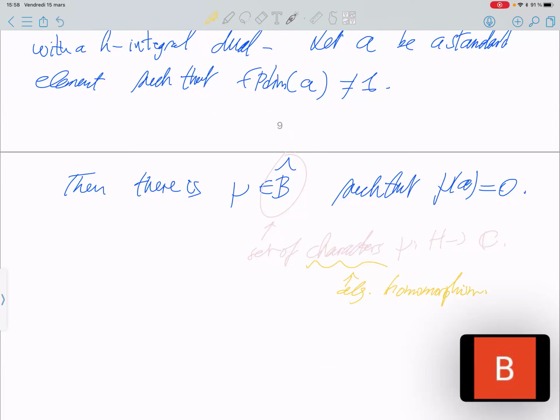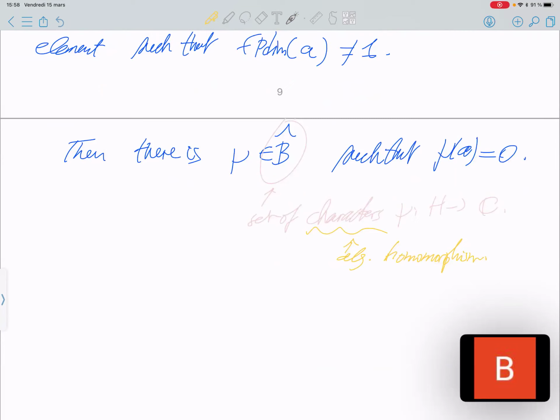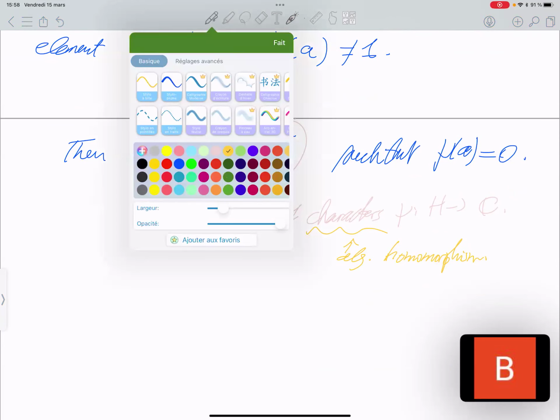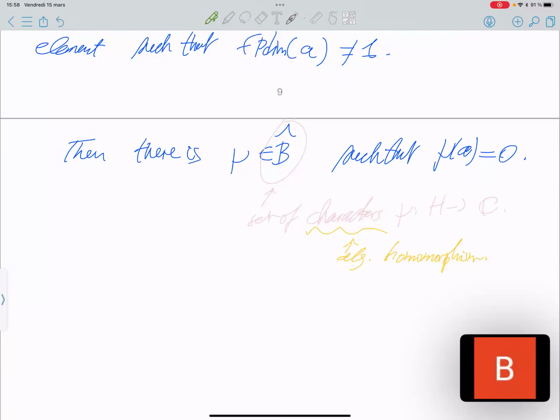And this is the basis, in fact, the basis of the dual hypergroup.